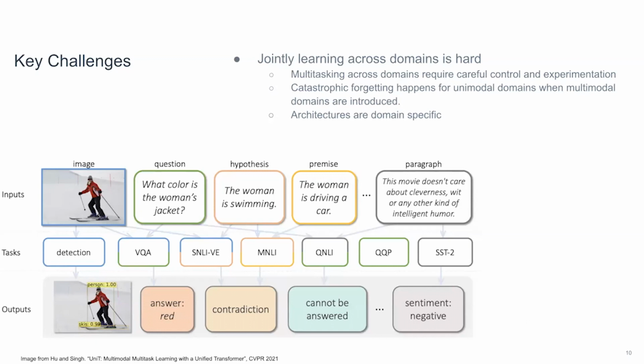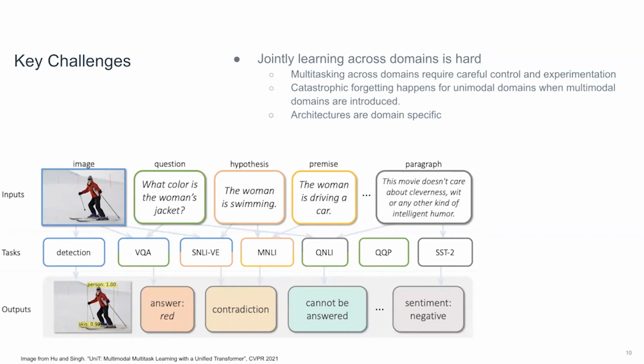Then VQA and SNLI-VE require using both of the domains to correctly predict the answers. Then MNLI, QNLI, and QQP are all GLUE benchmark tasks, which are NLP tasks and only involve text. If you want a model that works across all of these tasks, you need to do some sort of multitasking. But in general, whenever you do multitasking, it requires very careful control and experimentation, so you can't learn one of them and then lose the other information.